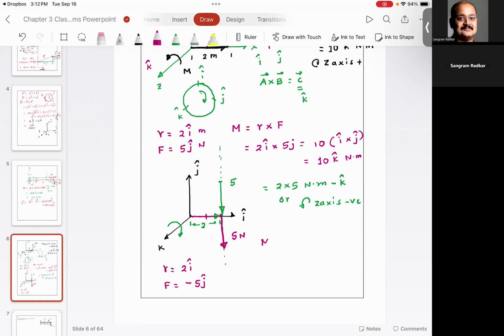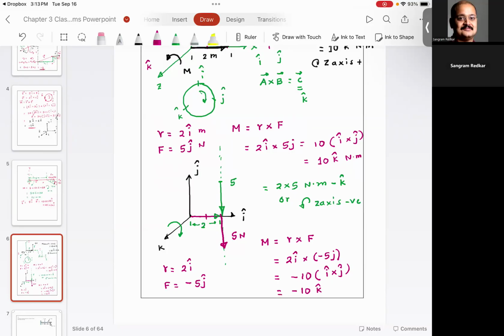Now, I'm going to do moment, which is R cross F. R is 2I multiplied by minus 5J, and this answer is going to be minus 10, but the product is going to be I cross J, and I cross J is still K. You agree with me? Which means the answer that we got from a simple moment, we got the same answer performing the vector calculation.